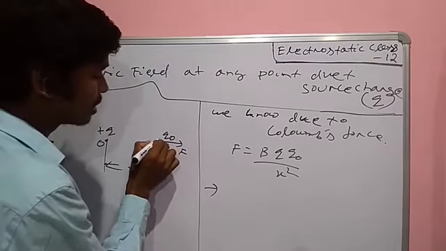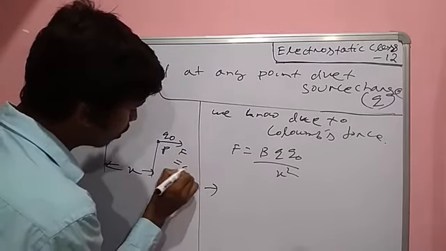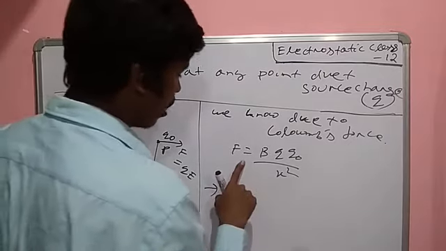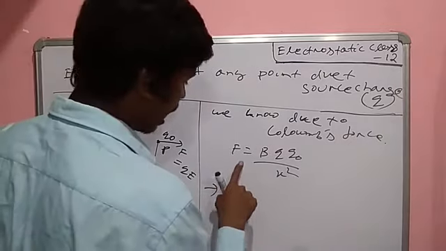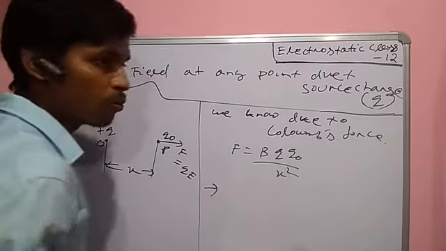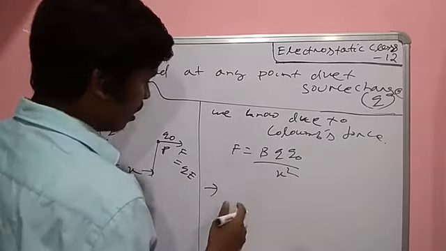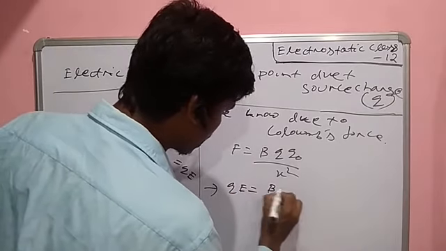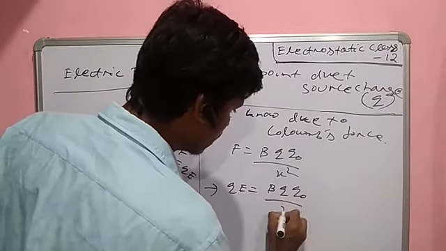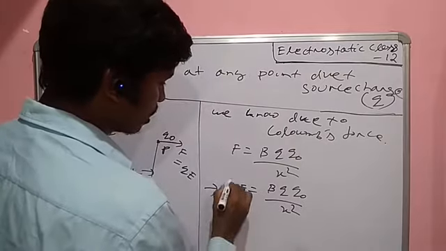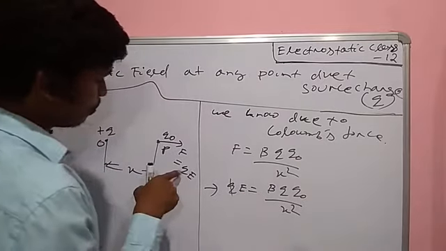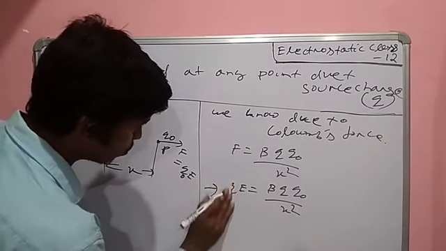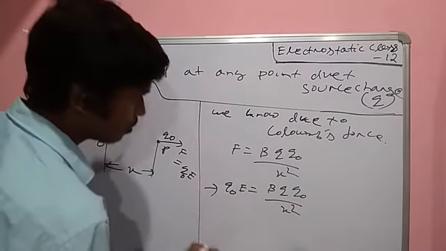F is already known: q into E. So F we have written as qE is equal to beta Q q0 by x square. Yes or no? The charge q is what? Q0. Suppose it is Q0.